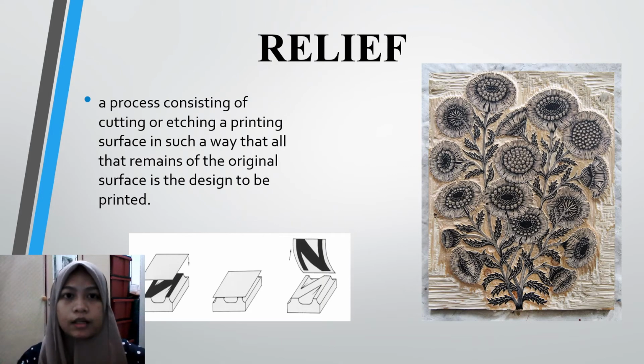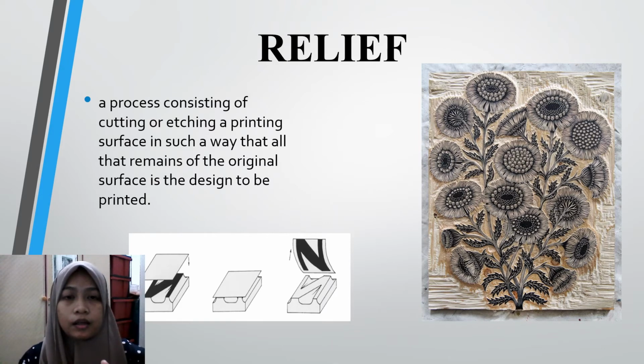Next slide is about my first point, to introduce the four techniques that I just said. The first technique is relief. Relief printing is a process consisting of cutting or etching a printing surface in such a way that all the remains of the original surface is the design to be printed.